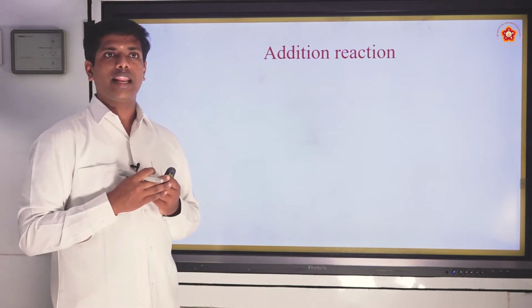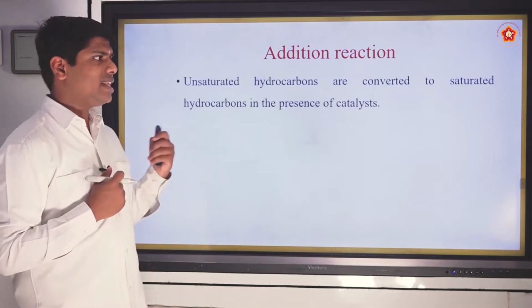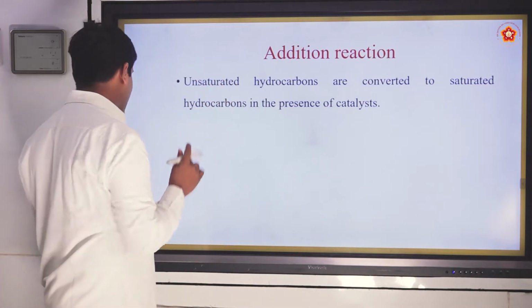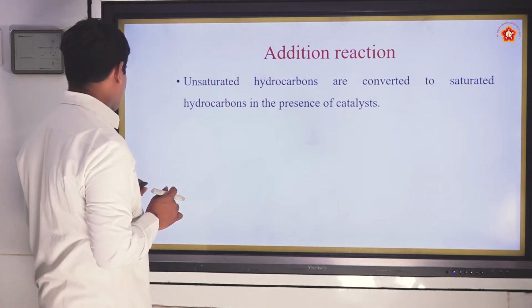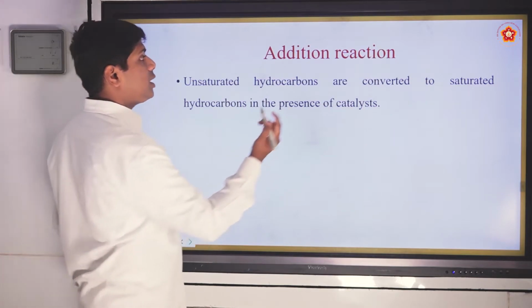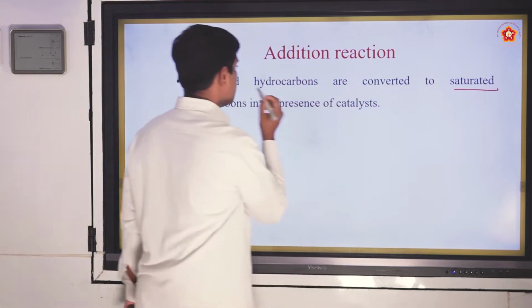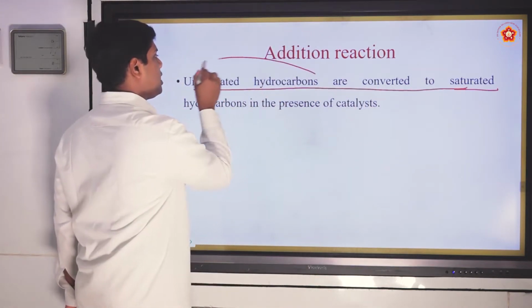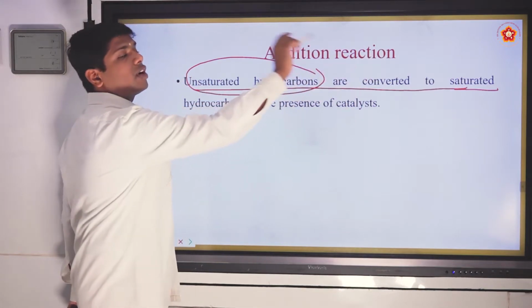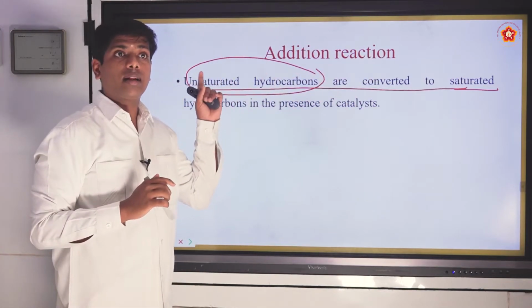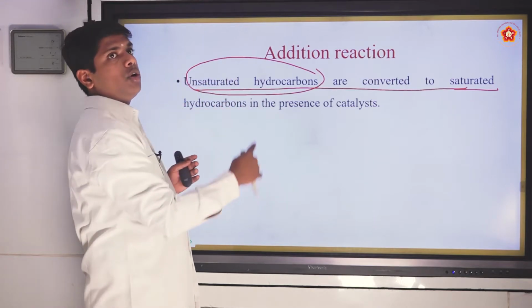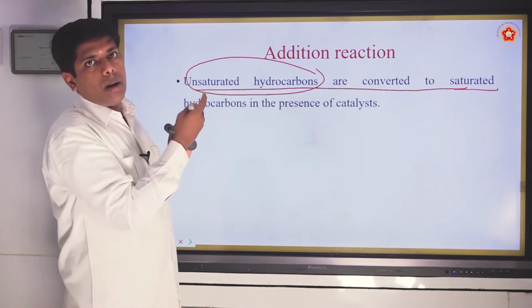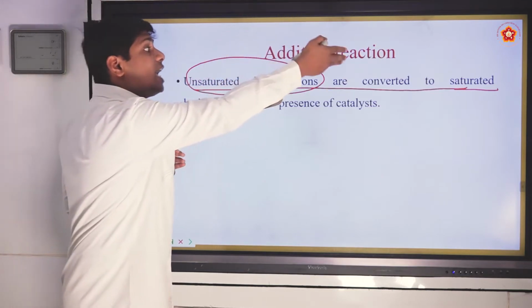Next, the third reaction we are going to learn about is addition reaction. Very simple. Unsaturated hydrocarbons are converted into saturated hydrocarbons. This line is very important. Double bonds are broken into single bonds, meaning unsaturated compounds having double or triple bonds are converted into saturated compounds.